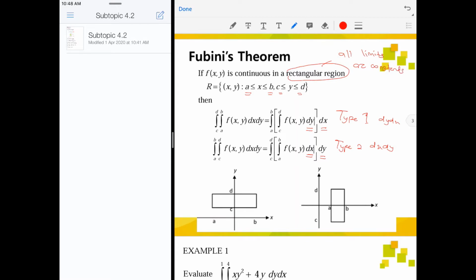Therefore, both of these types of integrals, either type 1 or type 2, will give you the same answer. Okay, only for the case of rectangular region, but for the case of non-rectangular region, the result will be different. So for rectangular region, it's up to you whether you want to use type 1 or type 2. Both will give you the same answer, so you don't have to worry.